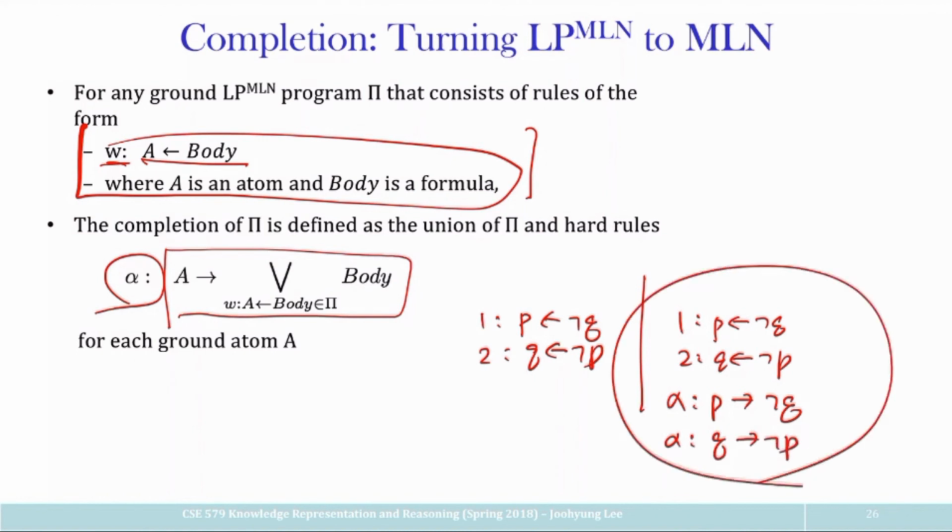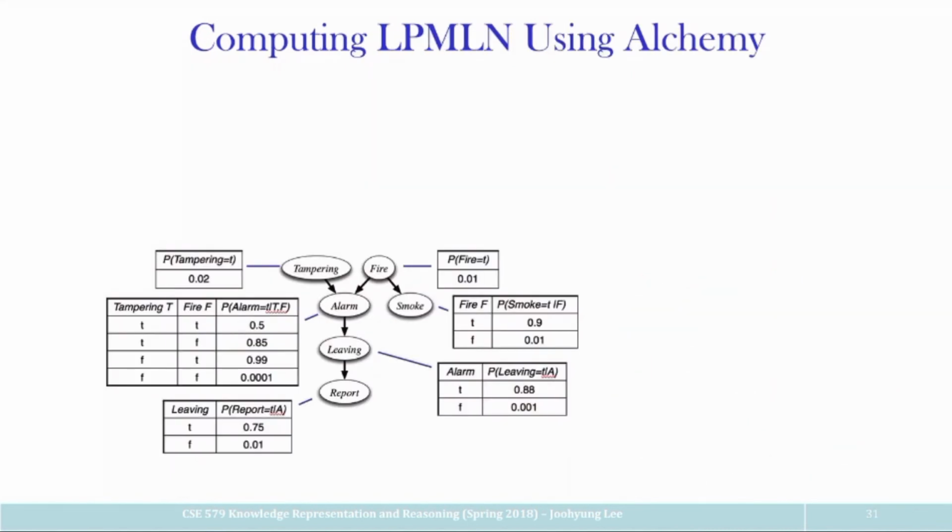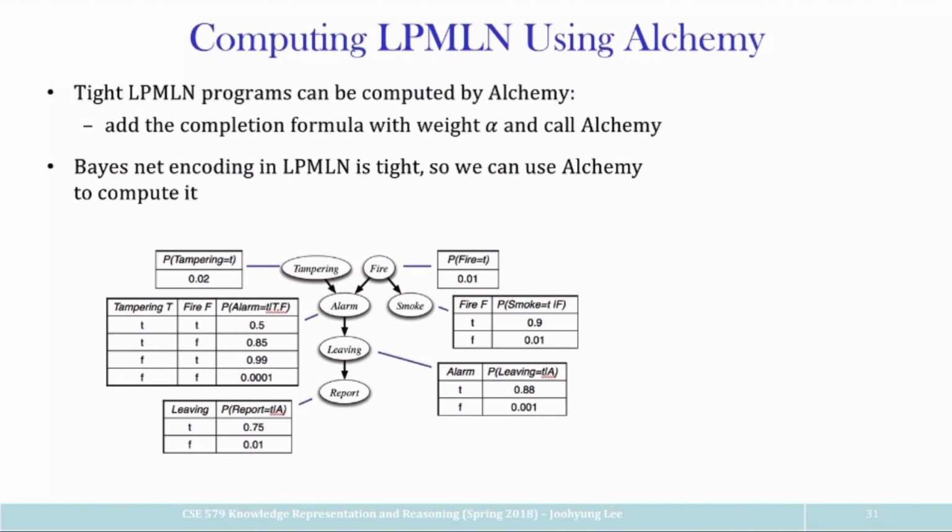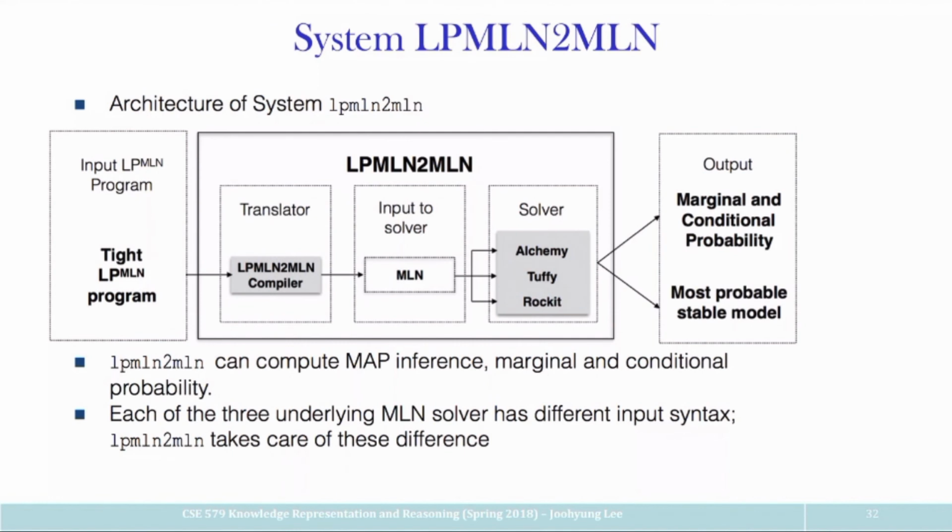And if you give it to Alchemy, it will compute the stable models of the original LPMLN program. Okay, and that's how the system was developed. So this is called LPMLN to MLN.